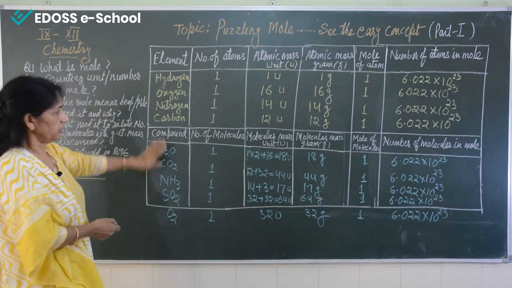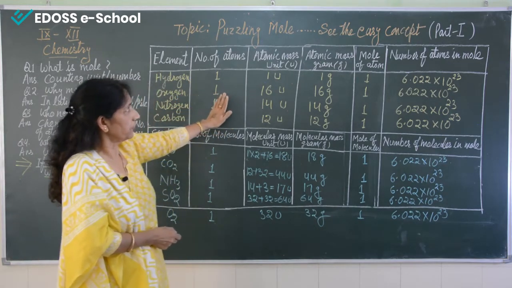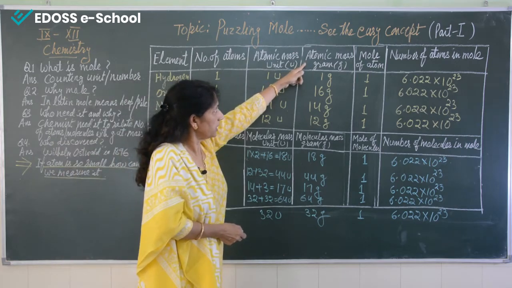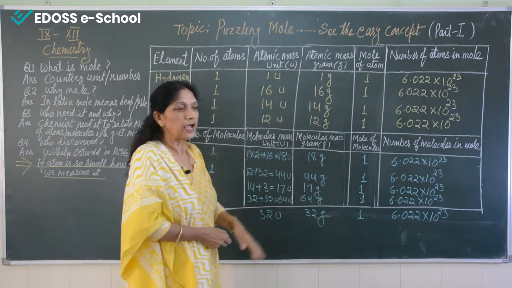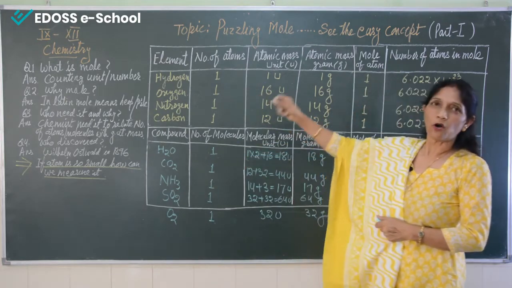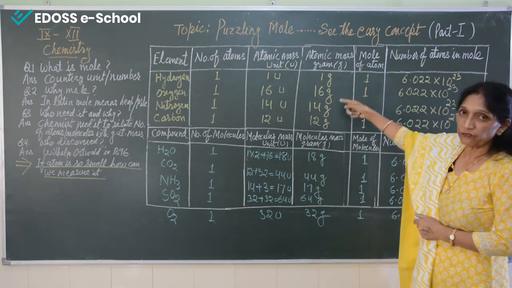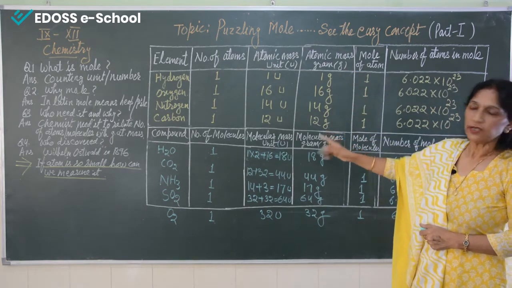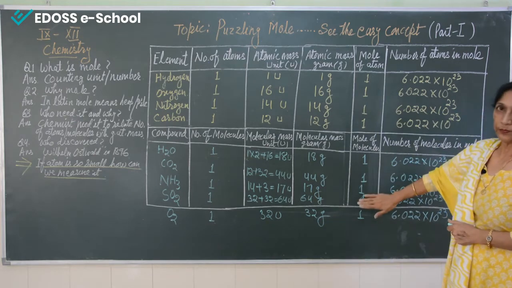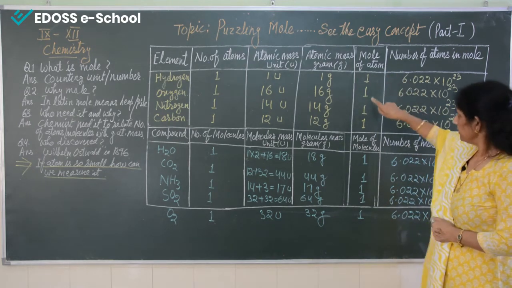So you have seen here, where is the difference? The difference is only in the gram atomic mass. That means all the elements, compounds or molecules have different mass in grams, but otherwise everything is the same. 1 mole is always equal to this.